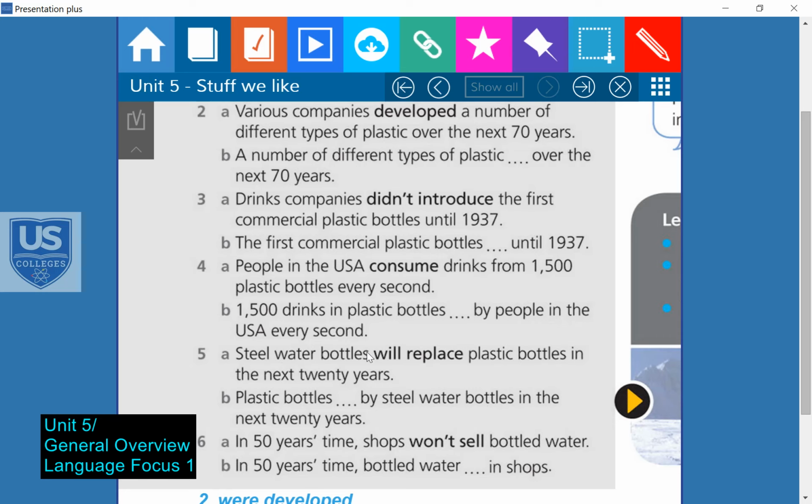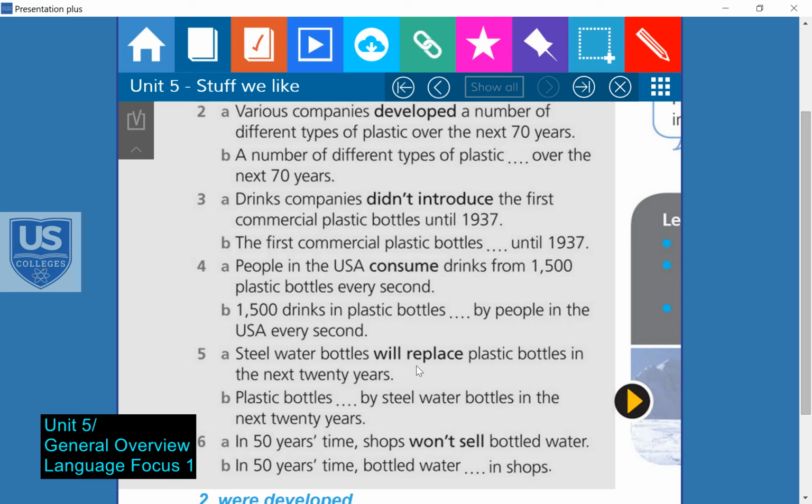So what we see there in the fourth sentence, we see the verb consume, which is typed in bold. So here I conclude that this sentence is in present simple. So the fifth one: will replace. We take a closer look into the verbs.